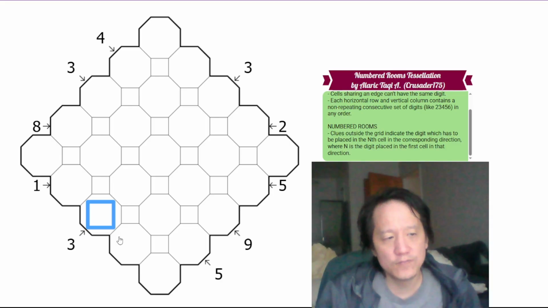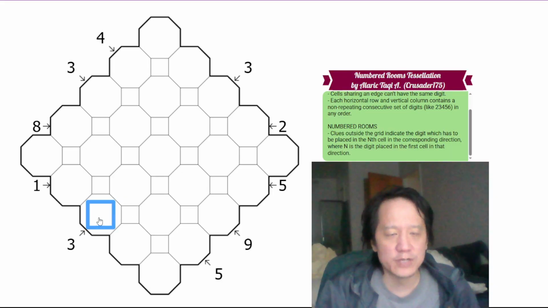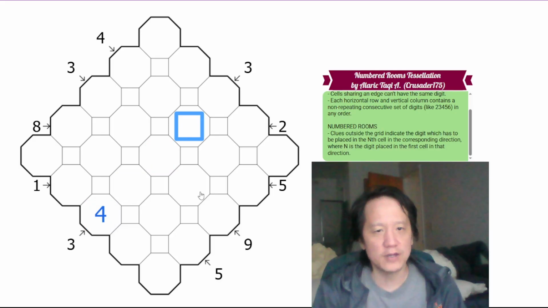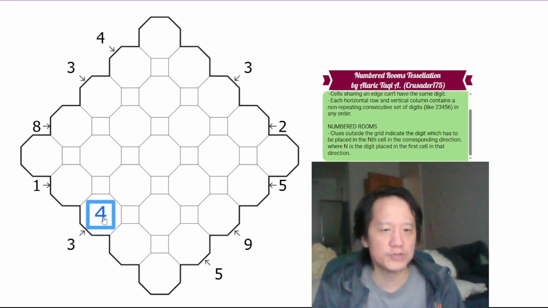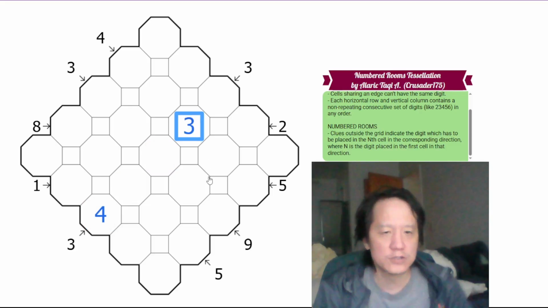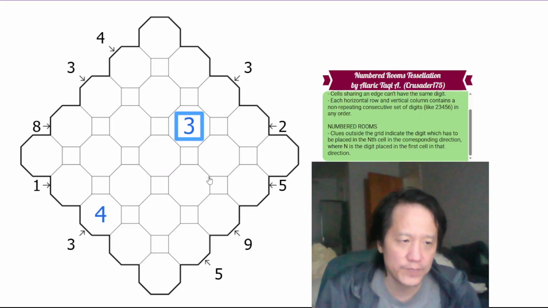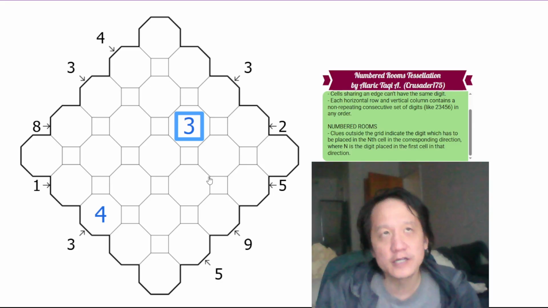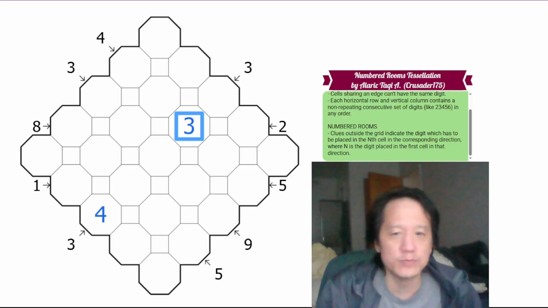So, for example, if this were a 4, that would mean a 3 would have to be in the 4th position going in this direction. So therefore, 3 would have to be here. Oh, this is interesting, actually. And that's an example of how numbered rooms works. Those are all the rules.